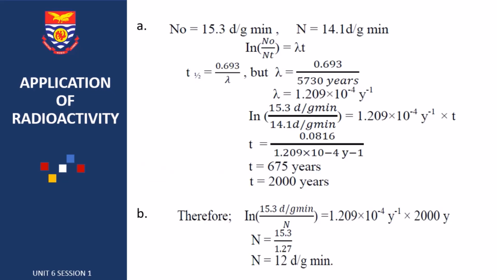So we quote the formula ln(N naught over Nt) equals lambda t, where our N naught is the initial activity and it is 15.3 decays per gram per minute, and our Nt is the final activity, which is 14.1 decays per gram per minute.